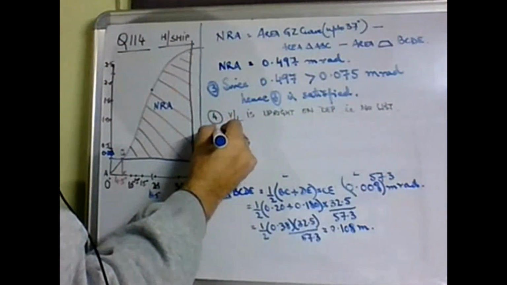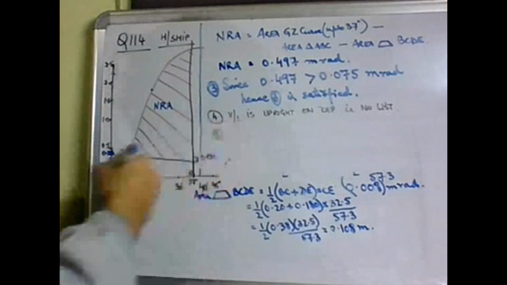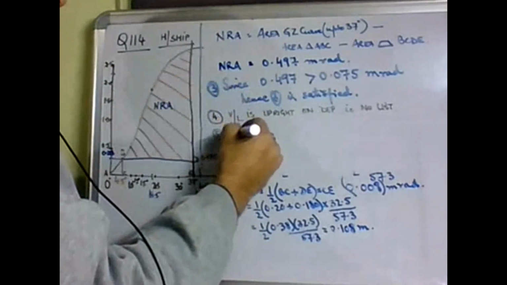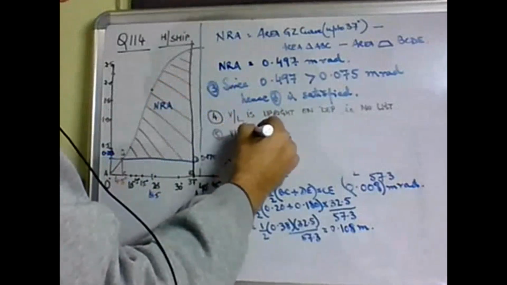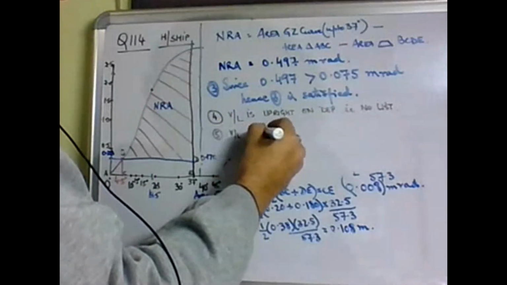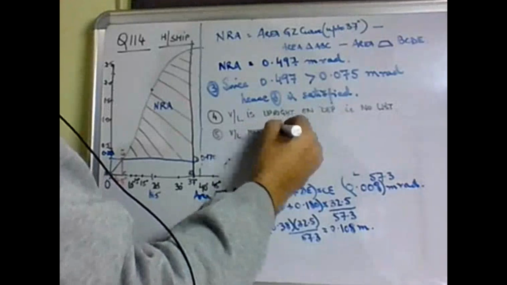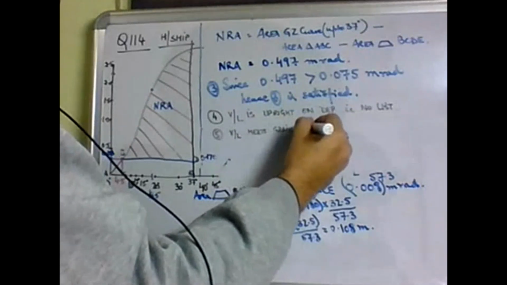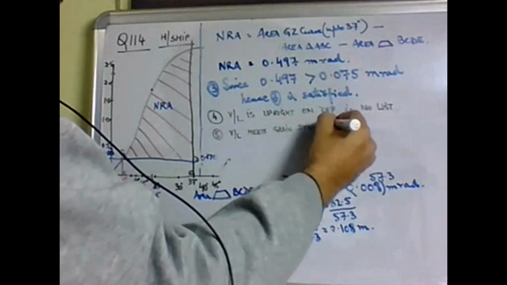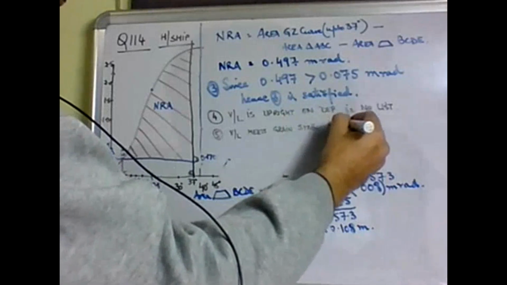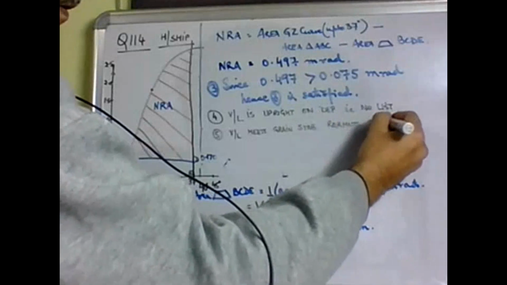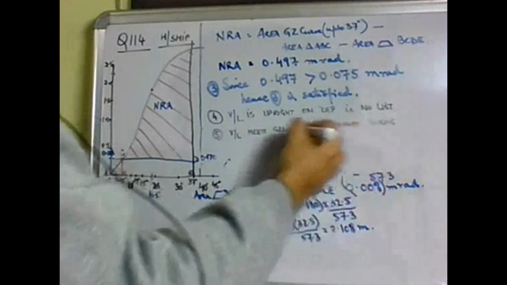And point number 5 is vessel meets the grain stability requirements during the voyage.